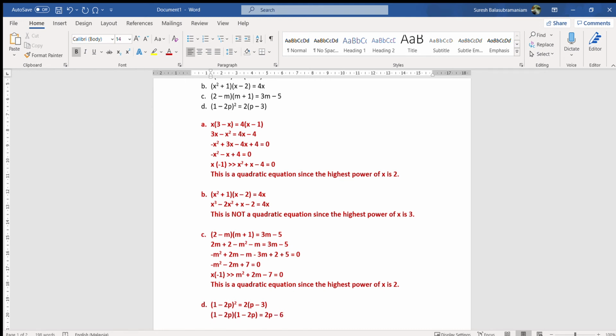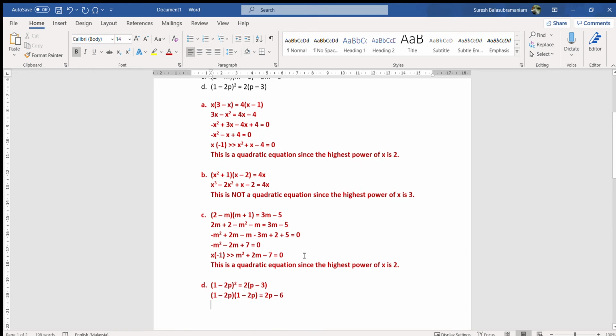Okay, I'll do the multiplication on my left here. So 1 multiply 1 is 1 and negative 2p, you get negative 2p, negative 2p and 1, you get negative 2p, then negative 2p multiply negative 2p, you get positive 4p square. Okay, and I'll bring everything to my left, so I'll get minus 2p plus 6 equals to 0.